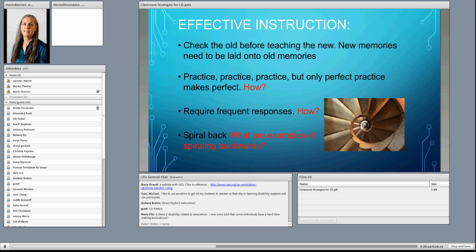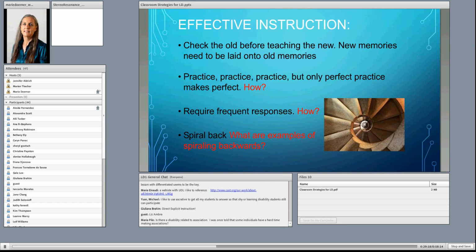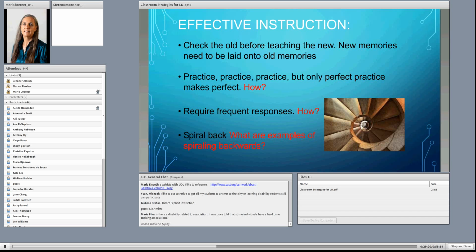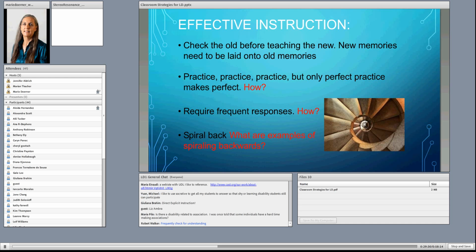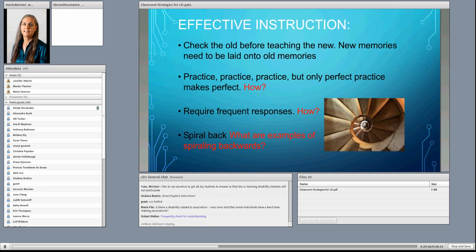It's kind of the opposite for what I'm doing now, which is just talking, and every now and again you do some typing. But it is a really important part of checking in with students, requiring frequent responses. And what are some examples of how you could get frequent responses?